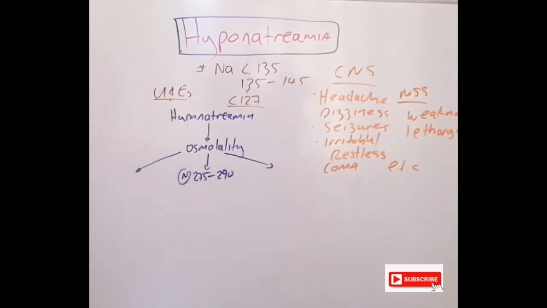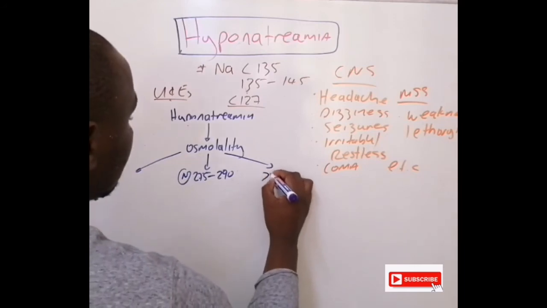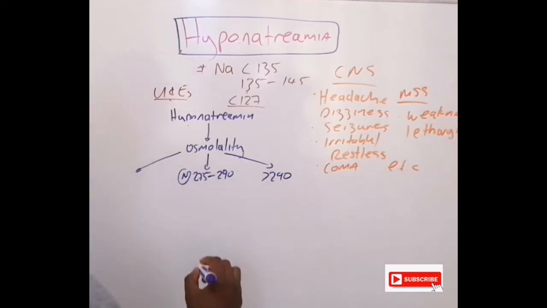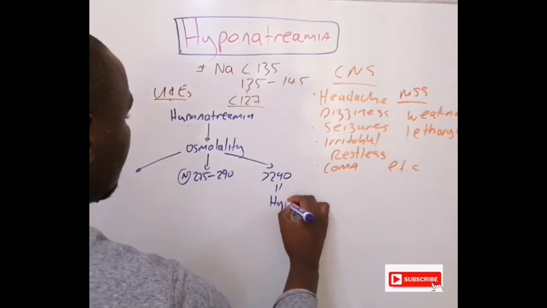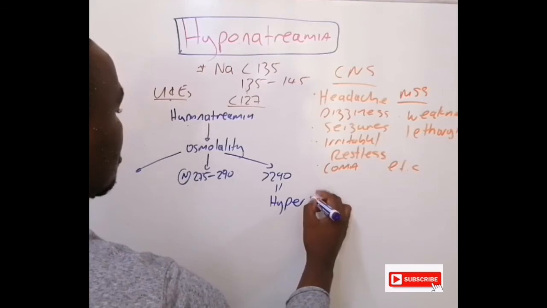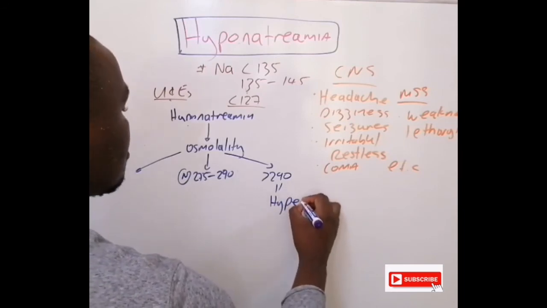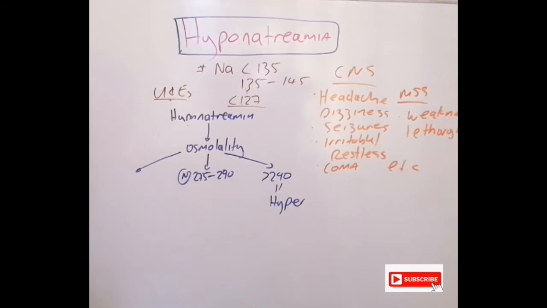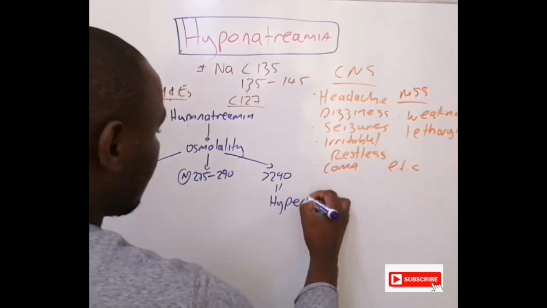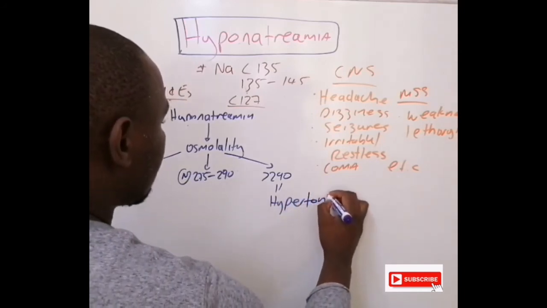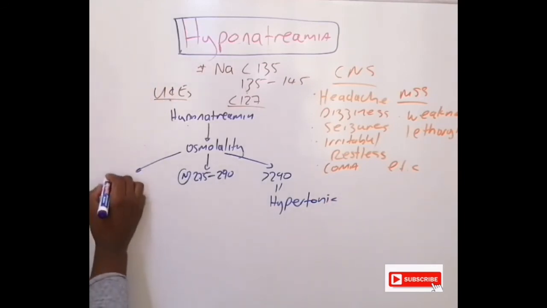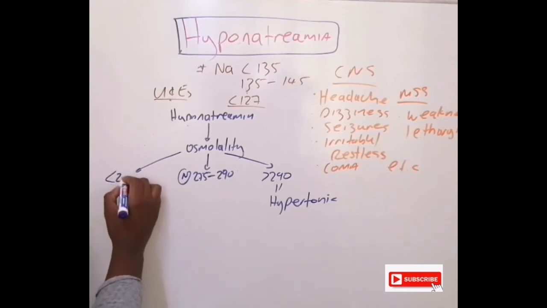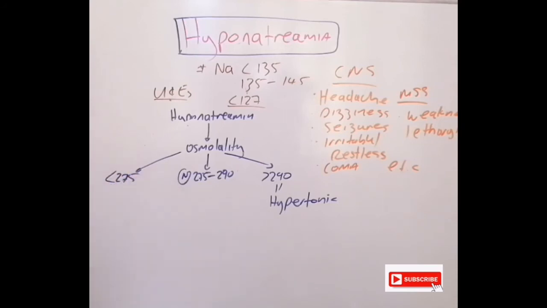So if it's more than 290, then by definition that's hyperosmolality, or we can say it's hypertonic. Then if it's low, it will be less than 275, right?